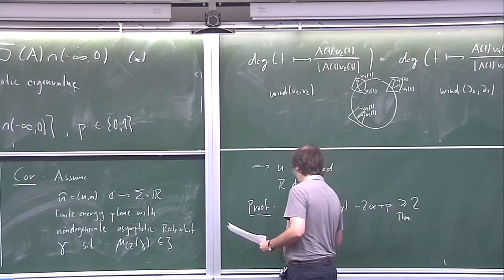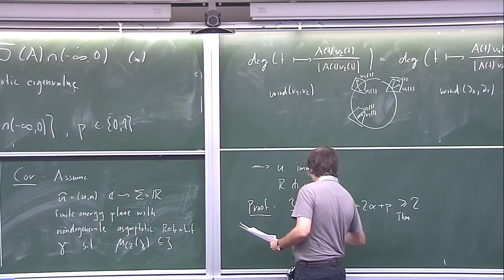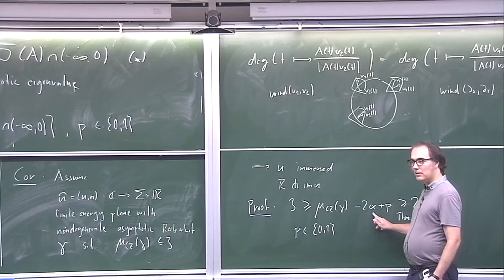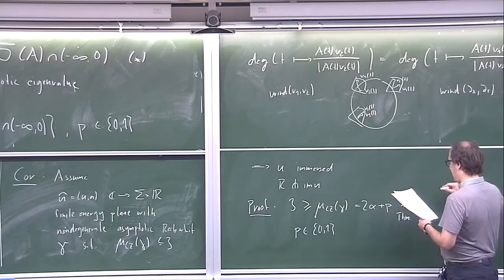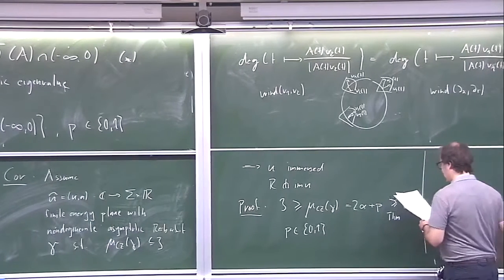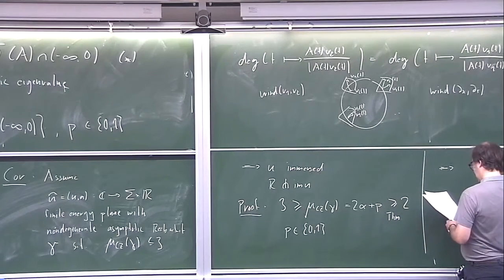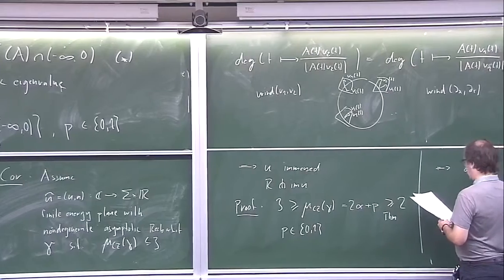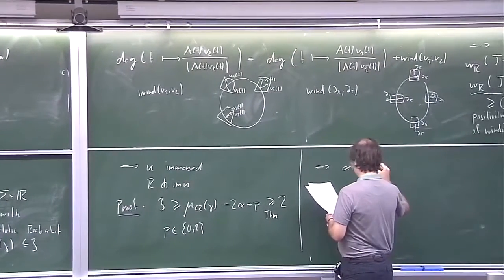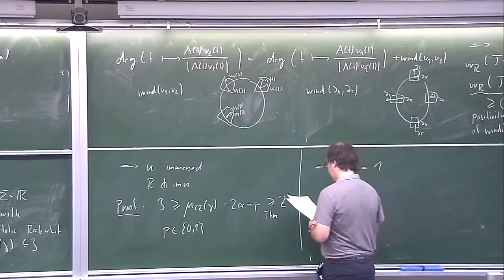But p, the parity, is 0 or 1, so that means alpha has to be 1.